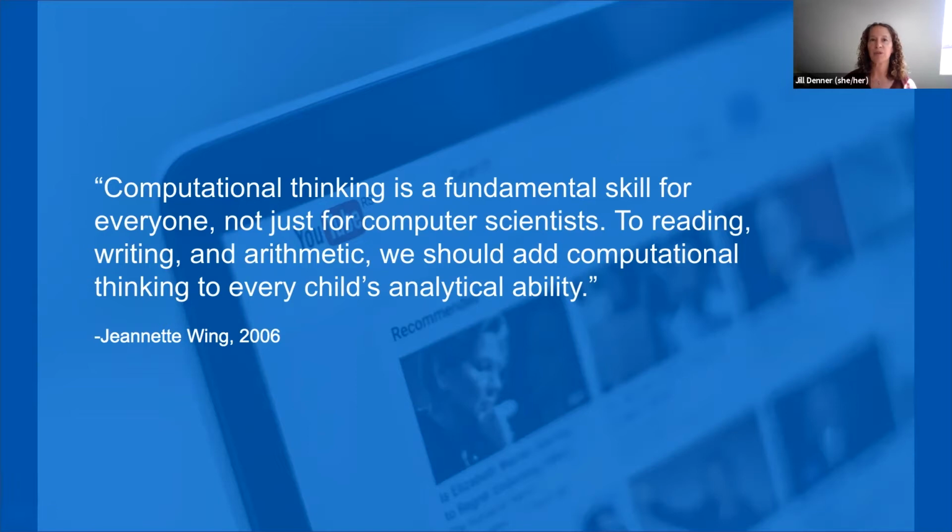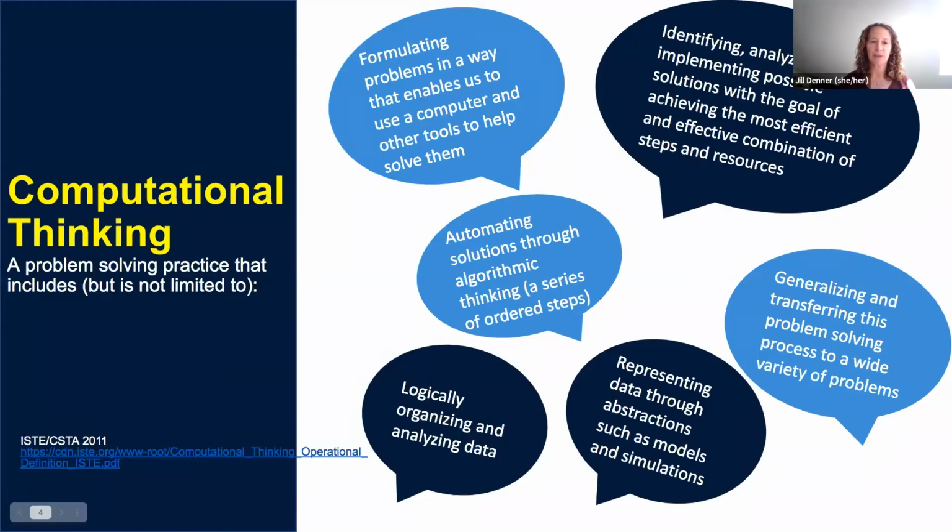Some of the definitions really focus on computational thinking as formulating problems and solutions that can be carried out by a computer. So the one in the next slide is the one that I tend to use.